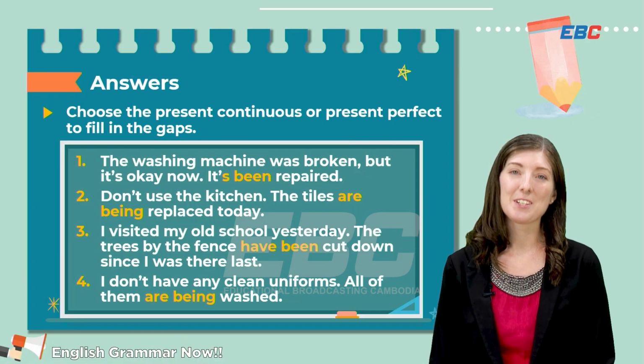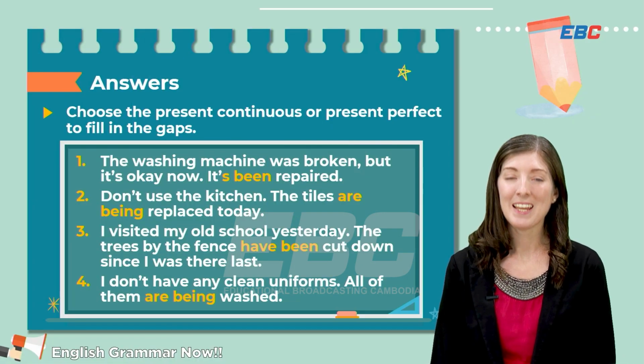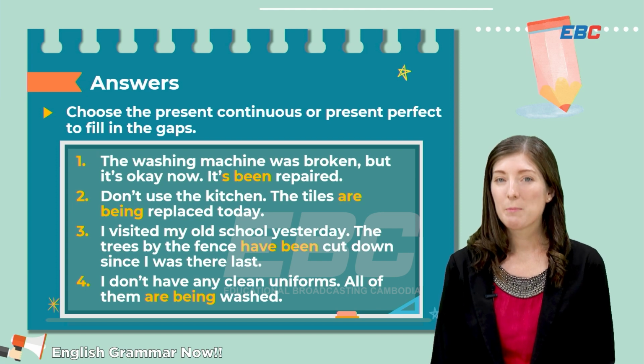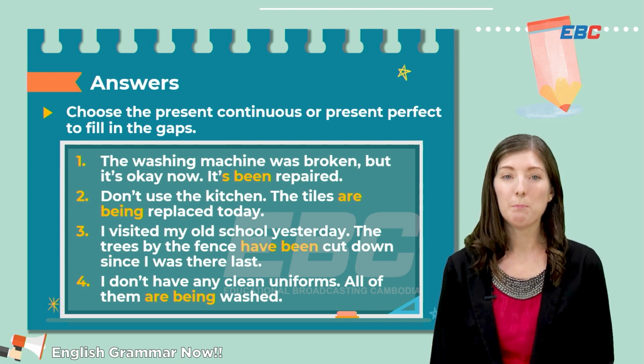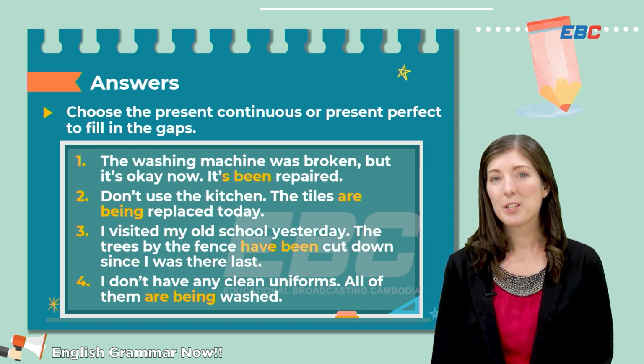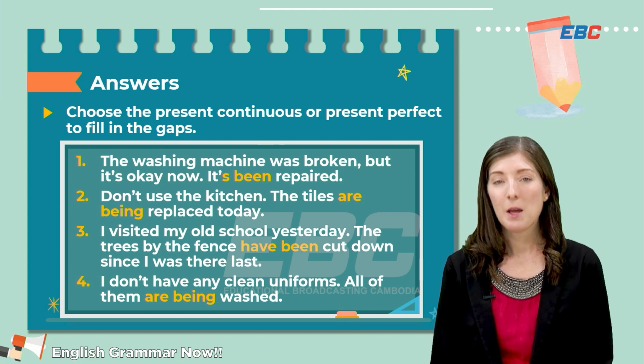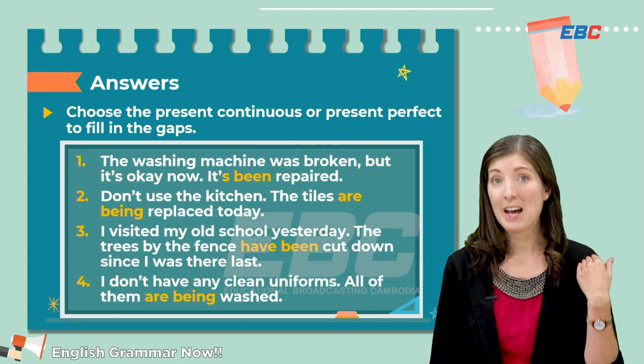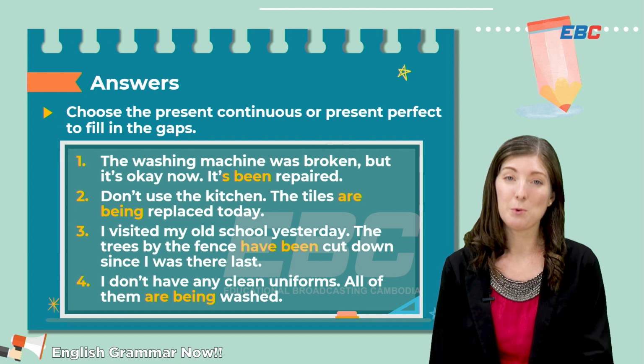Here's the answers to those blanks. We could say, the washing machine was broken, but it's okay now. It's being repaired. So we're using the perfect tense because it was broken in the past, but now it's not anymore.